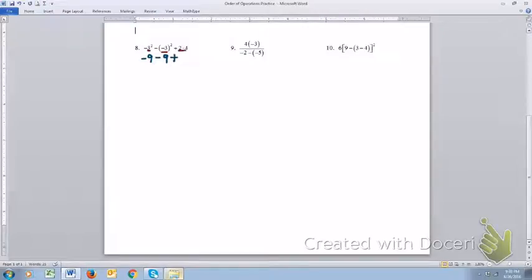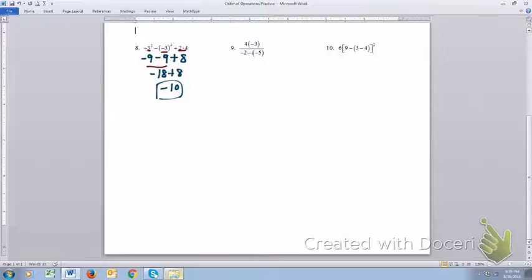And then we've got a multiplication. So we're going to have negative 9 minus 9 plus 8. So we're going to end up getting negative 18 there. Now you can write that as negative 9 plus negative 9, and then you'll get negative 18. And then we're going to add 8, and so we get negative 10.